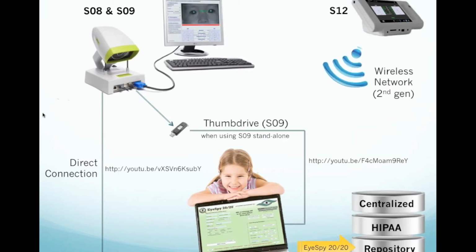The next generation of the S12 will have a wireless network very similar to the Spot, and that's ultimately the nicest integration, because there's really nothing you have to do other than tell EyeSpy that you're using a Spot or an S12, and it will bring the data into the system for you.